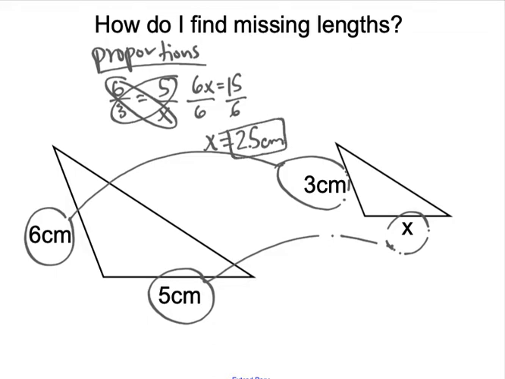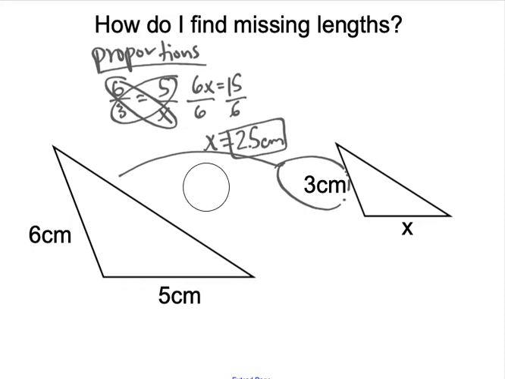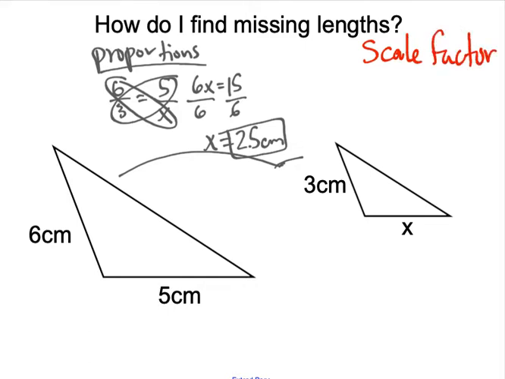Okay, that's using proportions. In certain situations, it is quick and easy to use scale factor. So the second way you can do it is scale factor. Now for scale factor, I am trying to get to x. I need to go from 5 to x, but I can look at my other sides to figure out how that's done.